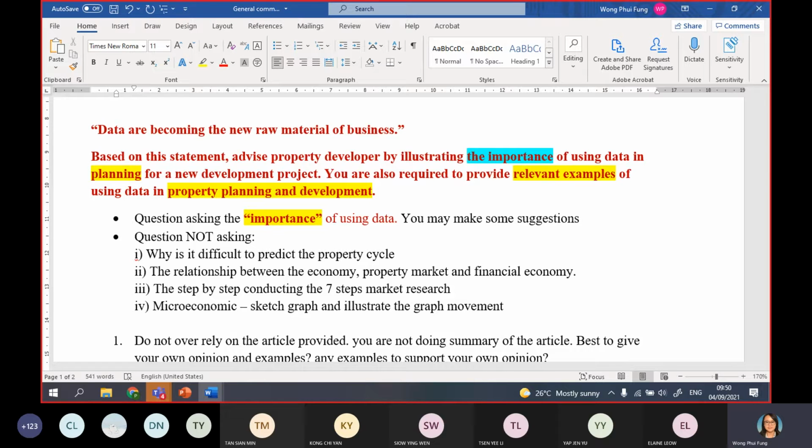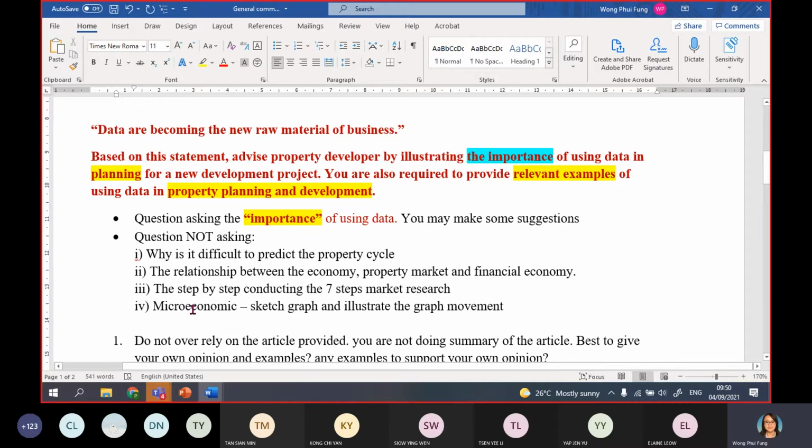As I say, you have to inform me step 1, what are the data you get? Why is this data important? Why does the developer need to know this data? Then that one is correct. Okay, so that's why number 3, the answer can be accepted. Just twist the way you write. Always write relating back to the question, how it helps them to plan.